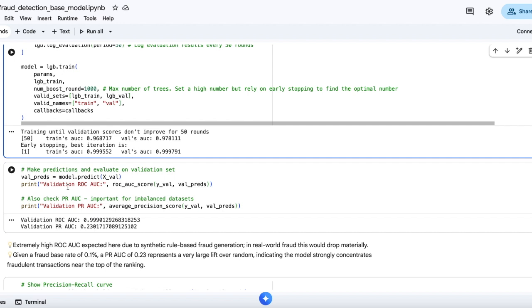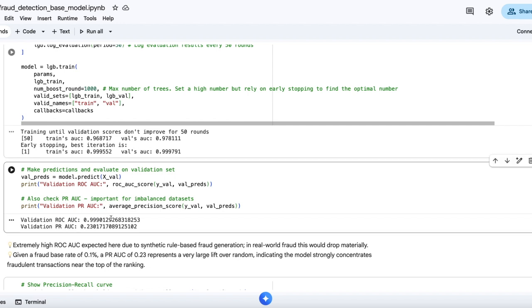It tells us whether our model consistently ranks fraud above genuine transactions. Here we've got an extremely high score of 0.999, meaning 99.9% of the time it's giving a fraud transaction a higher score than a genuine transaction. So the model is fundamentally good at separating fraud from non-fraud.